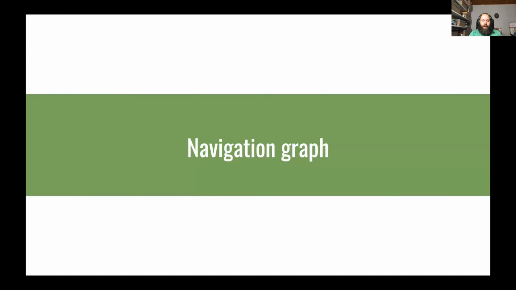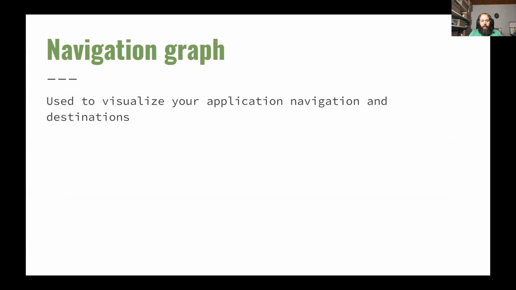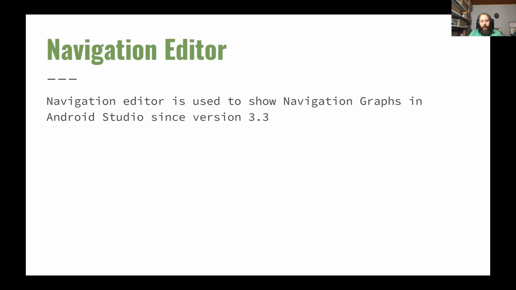Then let's see what the navigation graph really is. Basically it is what we can use to visualize all the navigation inside our application. To check the navigation graph, we have to use the navigation editor. The navigation editor is available from Android Studio version 3.3.